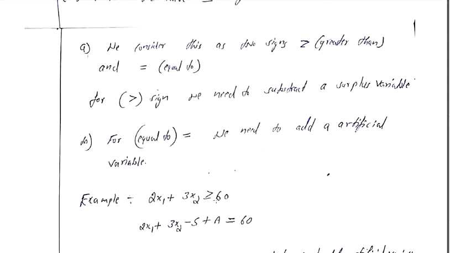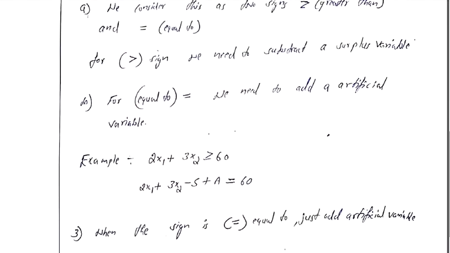As I told you, we consider this sign as greater than and equal to, so I subtract a surplus variable and add an artificial variable. So 2x1 plus 3x2 greater than or equal to 60 becomes 2x1 plus 3x2 minus s plus a equal to 60. This is the second condition.